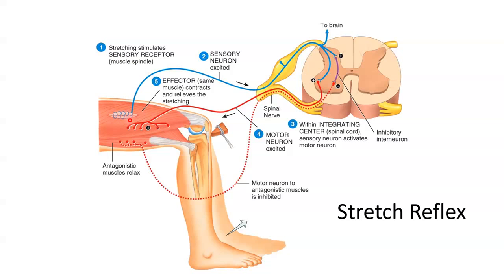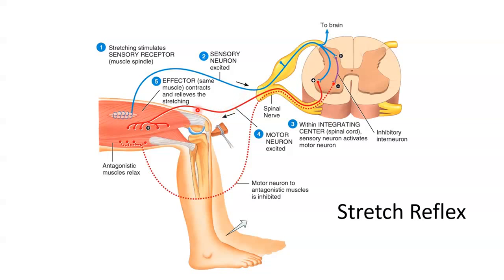In response to being stretched, a muscle spindle generates one or more nerve impulses that then propagate along our sensory neuron through the ganglion into the spinal cord. In the spinal cord, which is our integrating center, the sensory neuron synapses and therefore innervates a motor neuron, so that's this one here.